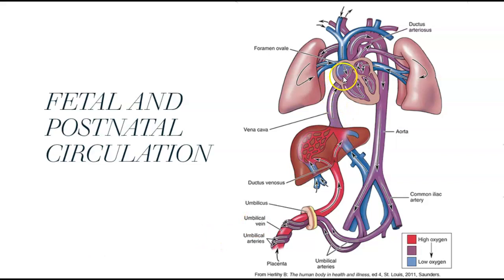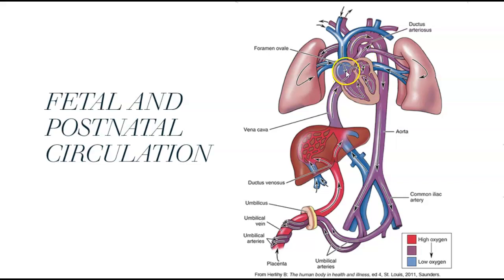After the blood goes into the right atrium, it can go into one of two pathways. It can go from the right atrium to the right ventricle, and then the right ventricle can go up into the pulmonary artery right here.